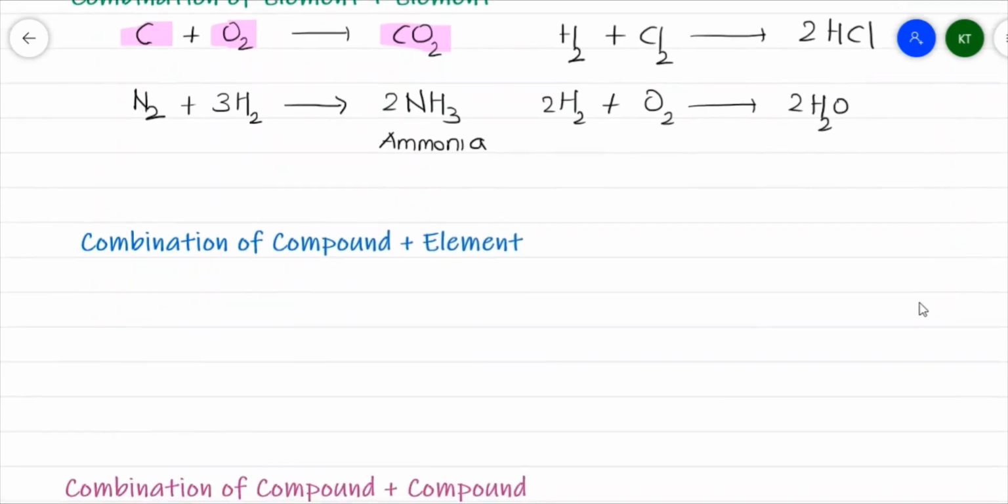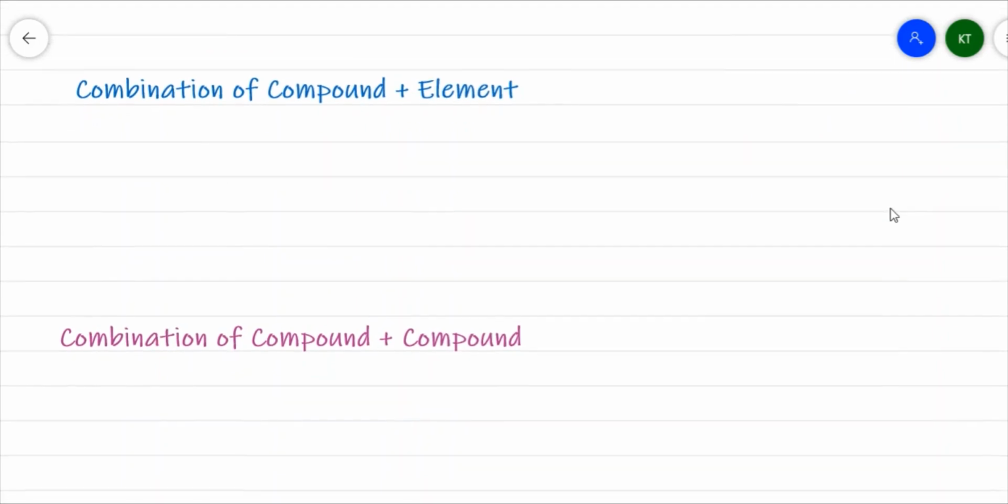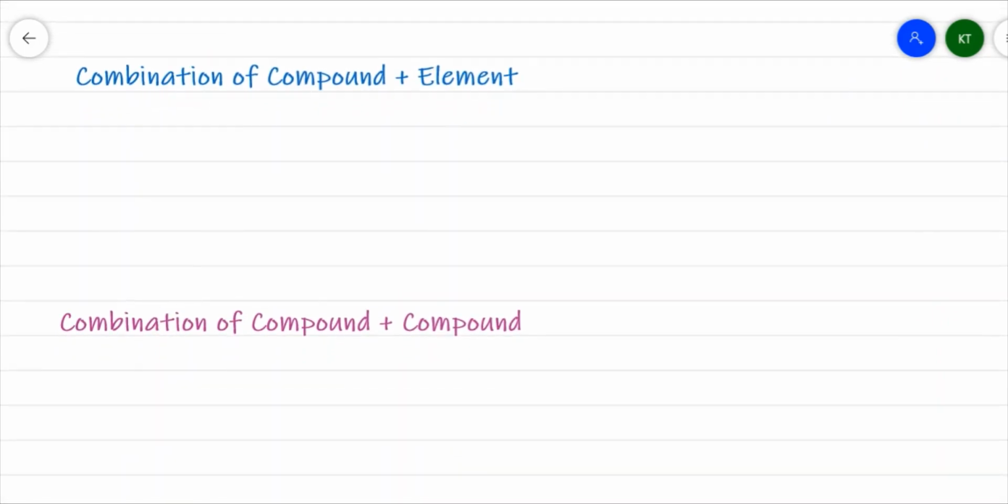Now let me take the second type of combination, between a compound and an element. Sulfur dioxide as a compound combines with oxygen as an element to give me sulfur trioxide as a single product. Carbon monoxide combines with oxygen gas to give me carbon dioxide gas.